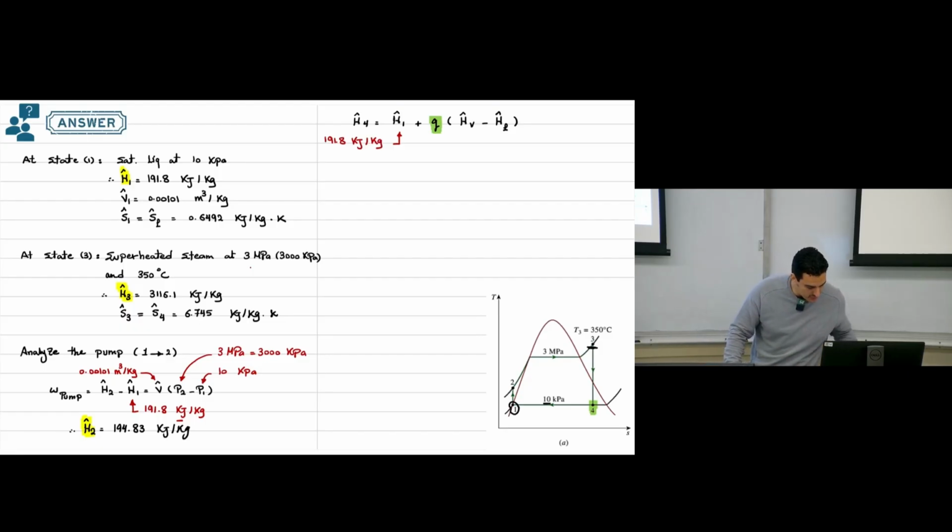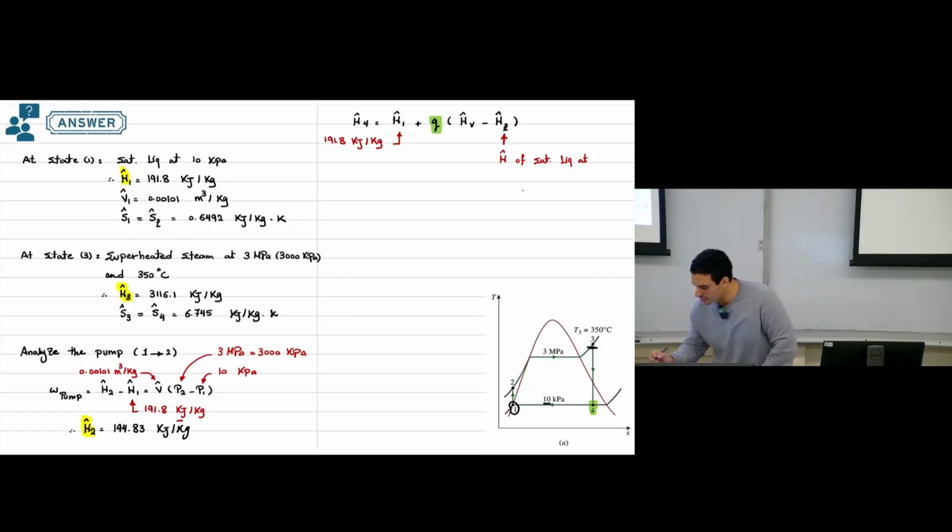H of the liquid we have, H of the vapor. So this one is the enthalpy of saturated liquid at the condenser pressure at 10 kilopascal.